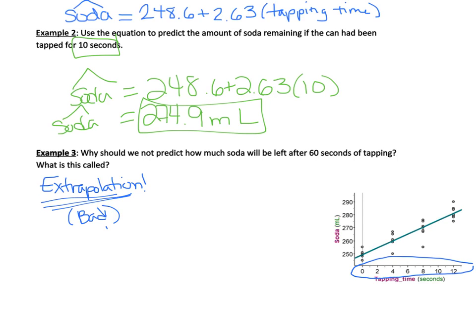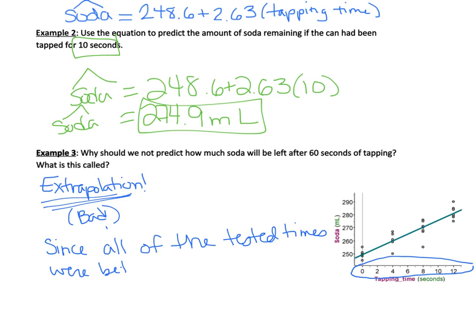You can just write out a sentence something like, since all of the tested times were between 0 and 12, we do not know if the same pattern would continue.